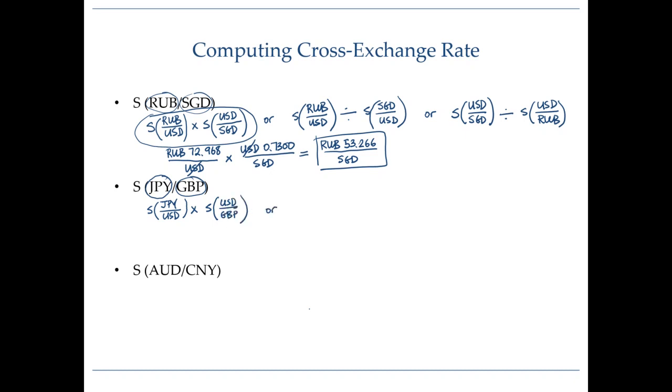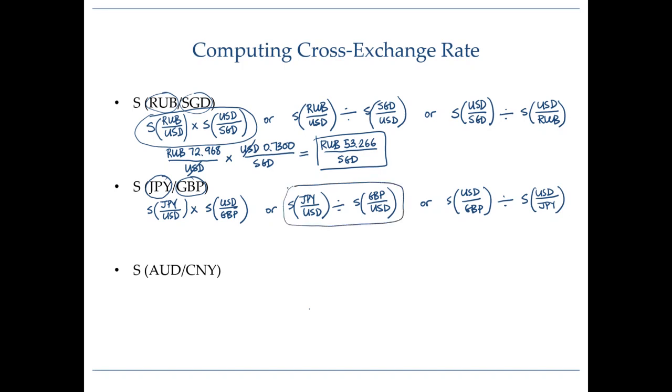Or we could take two indirect quotes: the Japanese yen price of US dollar divided by the British pound price of US dollar. Or we could take two direct quotes: the dollar price of the British pound divided by the dollar price of the Japanese yen. Again, we can do any of these methods.